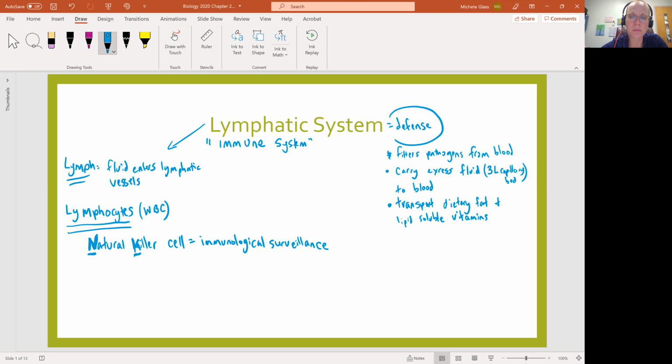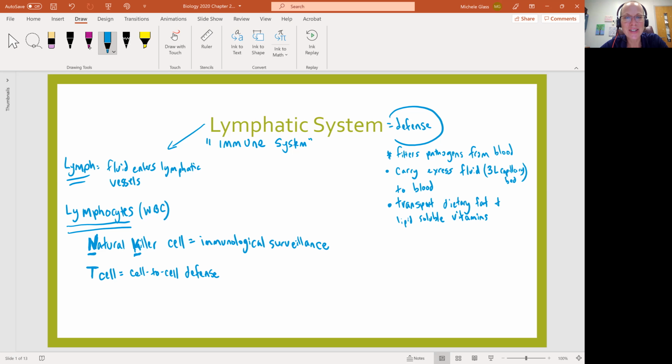We're going to define this more in the future. And then we have a T cell. The T cell is going to be cell-to-cell defense, or cell-to-cell immune response.